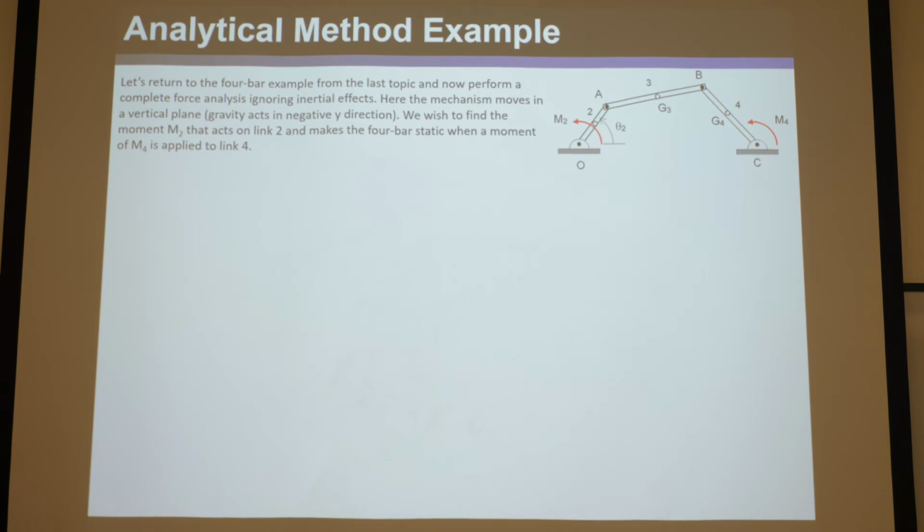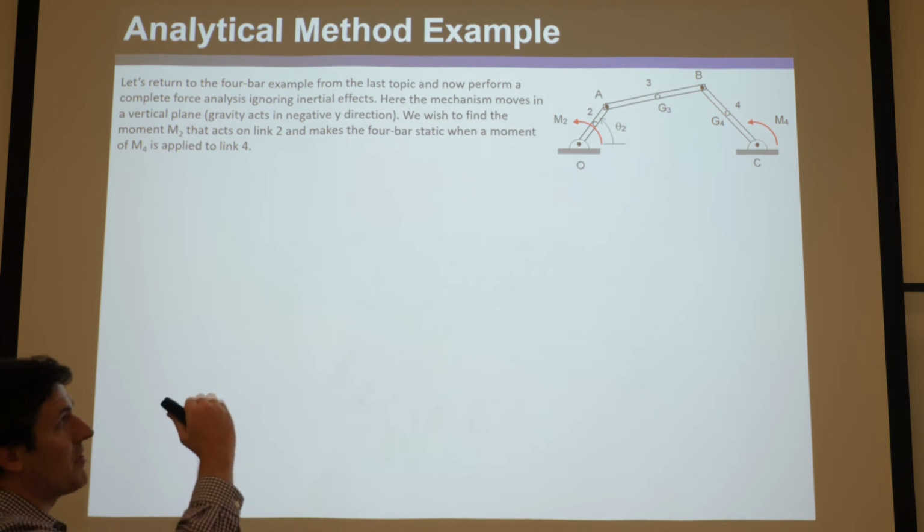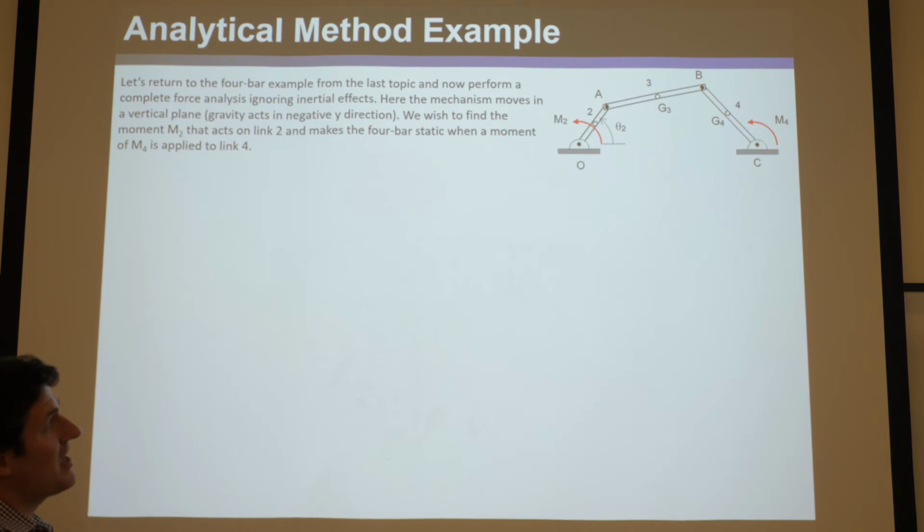So for this example, we give it an M4, some moment we're imparting on there, and then it's heavy, it's got gravity pulling down, and we want to find out what moment M2. We would know the direction, it would be in the opposite direction to hold that up to be static. But always draw it as positive, and the sign conventions will take care of themselves.